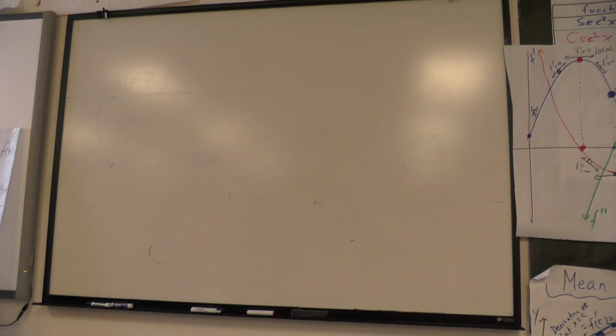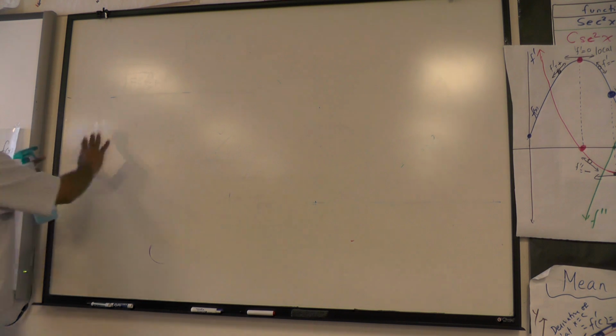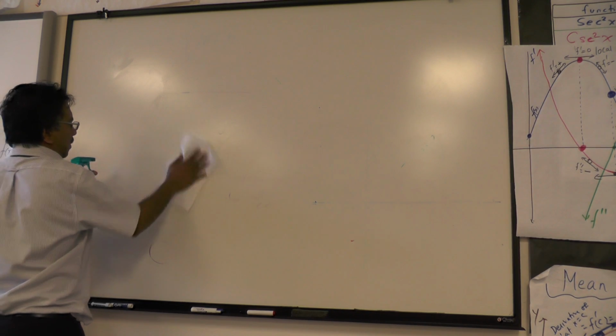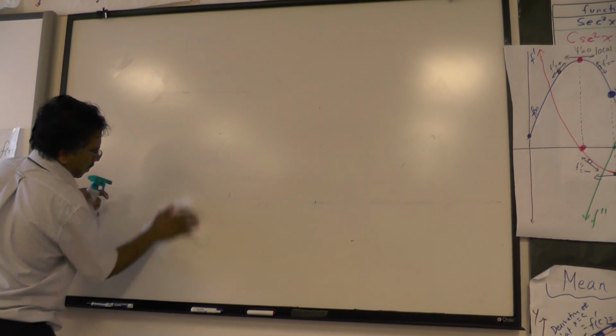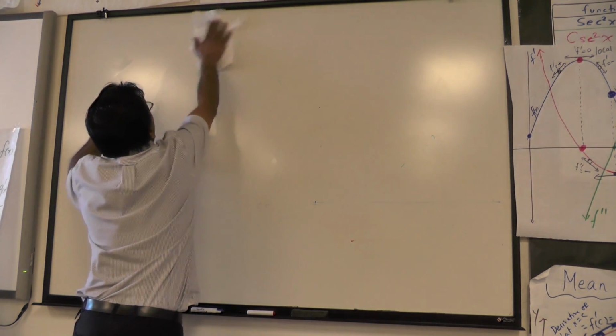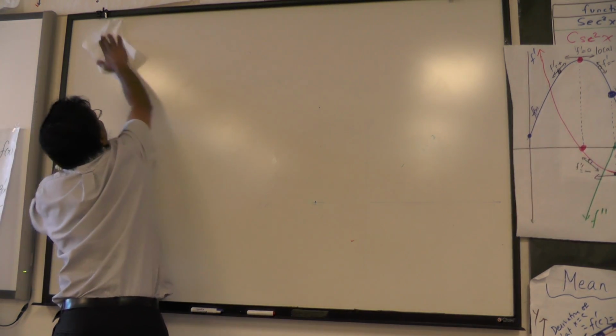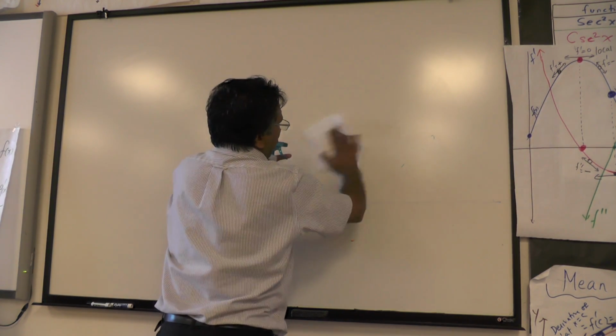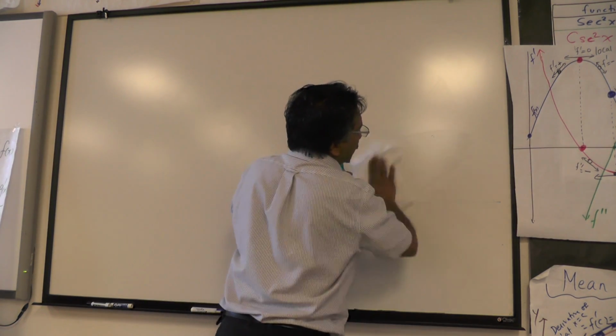Take the derivative of f(x) and then plug in x equals 1, that will give you the slope of the tangent. Then use y minus y1 equals m times (x minus 1).